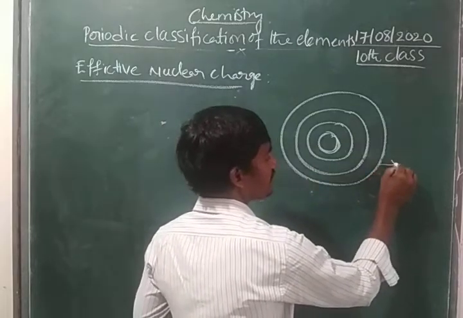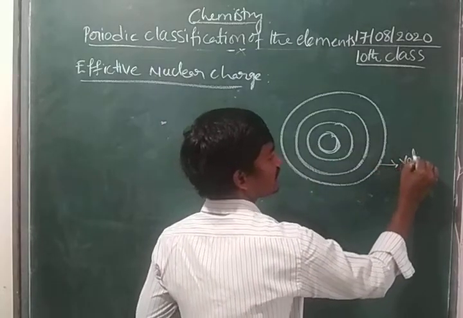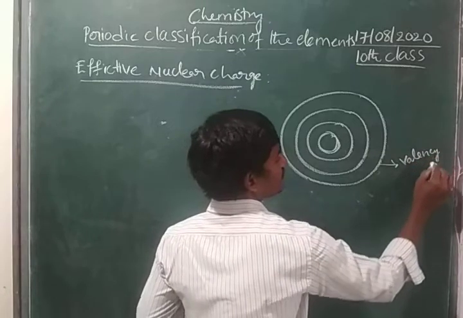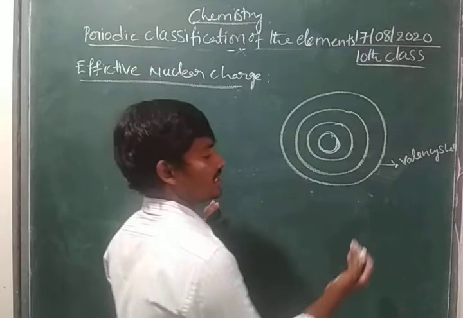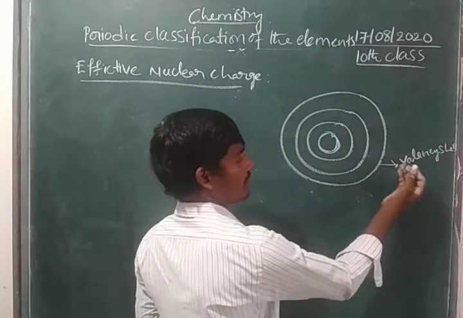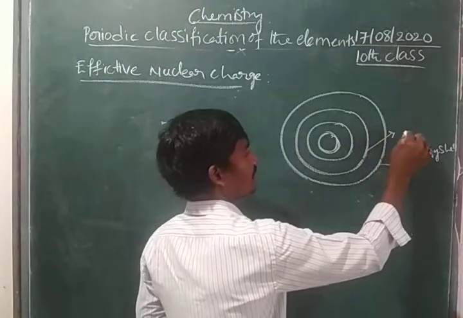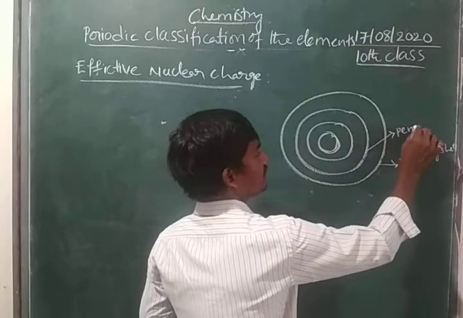Here the last shell of an atom we have to consider the valency shell. The shell just before the valency shell or ultimate shell we have to consider the penultimate shell.